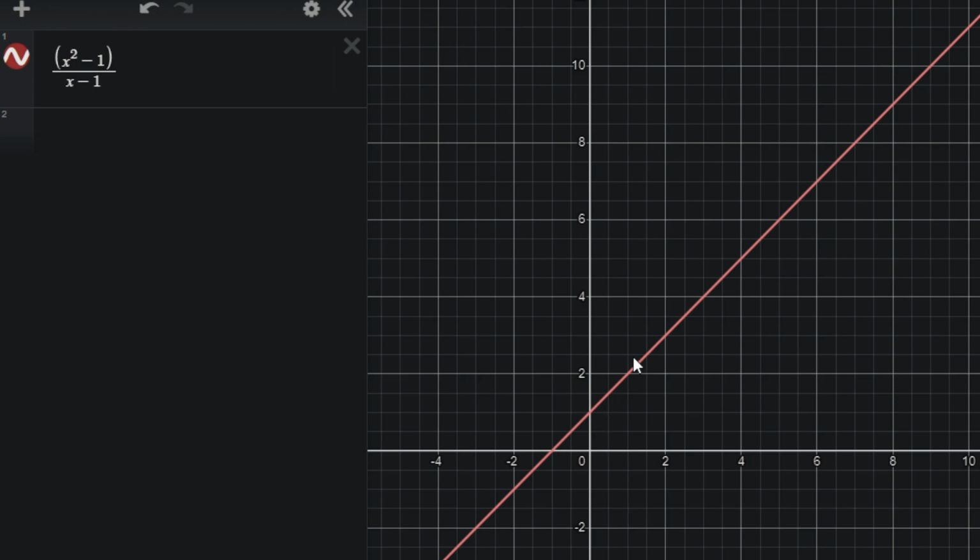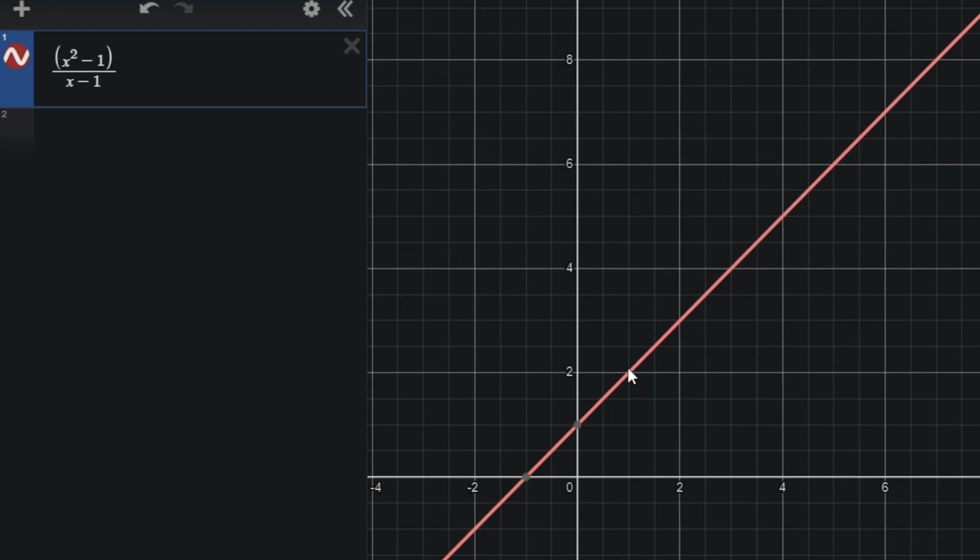The key point is that 1 here, and if we click on this, it says that 1 is undefined. Regardless, it still looks like the limit at that point would be equal to 2. So maybe through the use of algebra, we can actually find that the limit is indeed 2, rather than having to look at the graph or a table.